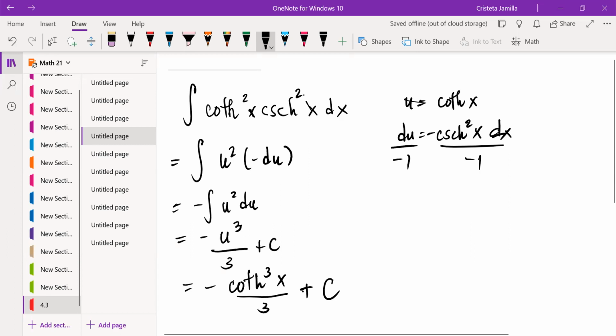Okay, I'll look for another exercise involving hyperbolic functions. Okay, wait. Okay, so we have another item from the module.